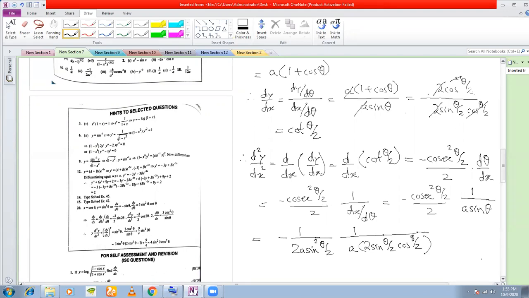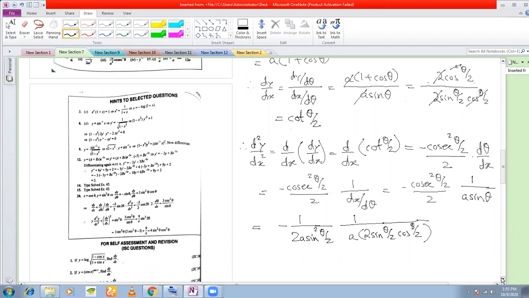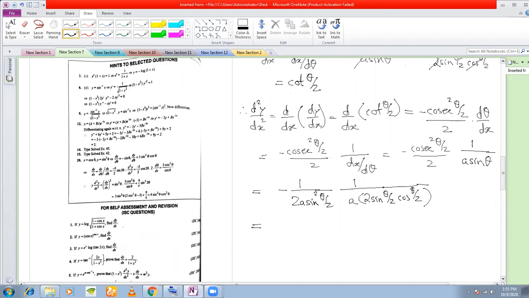So what you get here is minus 1 by 2a sine cube theta by 2 cos theta by 2. Not 2, this is 4, because 2 into 2 will become 4.